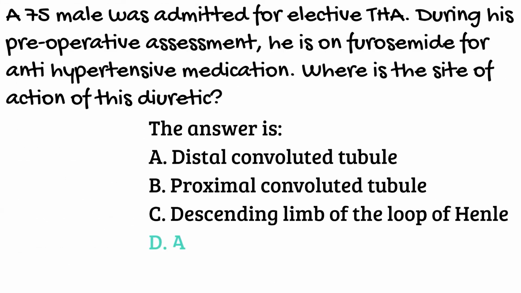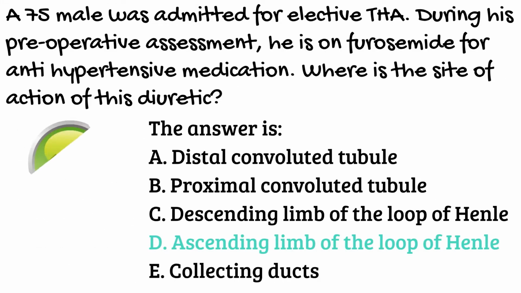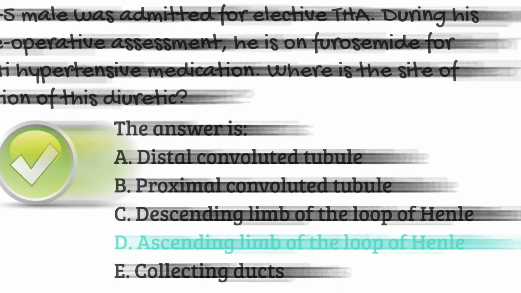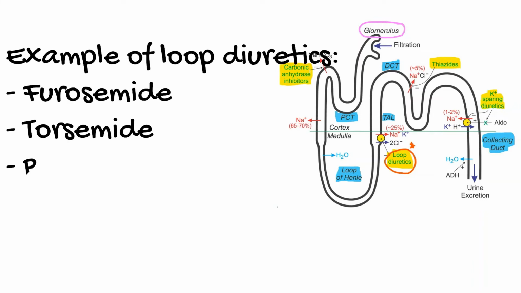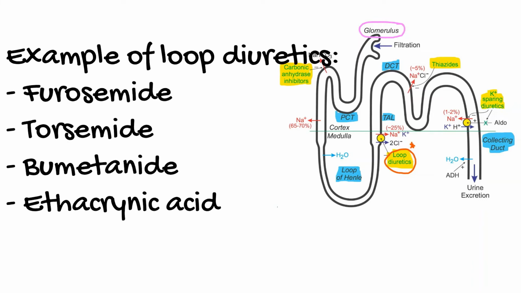And the answer is ascending limb of the loop of Henle, D. This picture shows the action of loop diuretics. Examples of loop diuretics include furosemide, torsemide, bumetanide, ethacrynic acid.